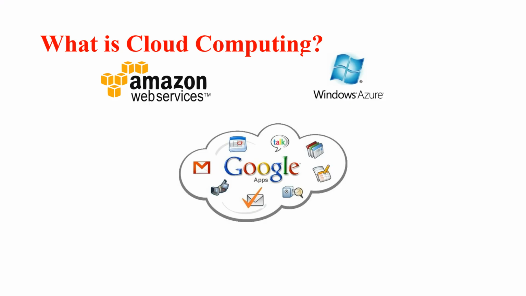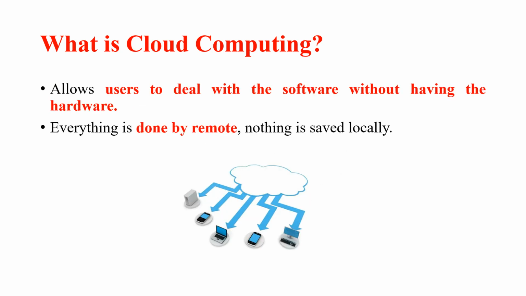So these are the famous companies of cloud computing, which include Amazon Web Services, Microsoft Azure Cloud, and Google App Engine. Cloud computing allows the user to deal with software without having the hardware. They are going to purchase only the software, that's enough. They do not need to bother about hardware machines like servers, storage equipment, and networking equipment.